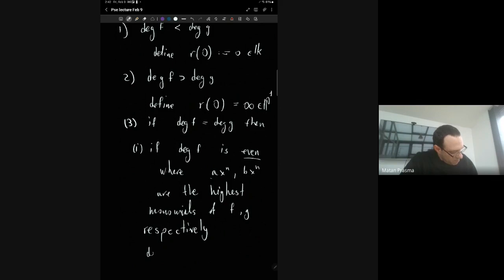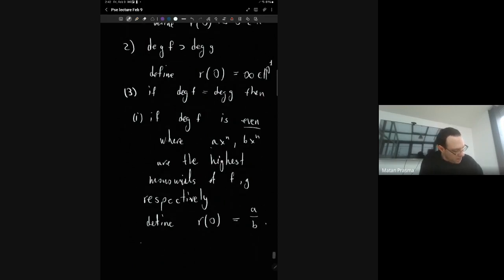We define R of O to simply be A over B. And if the degree of f, which again we assume is equal to the degree of g, is odd, it means that the highest monomial involves y.